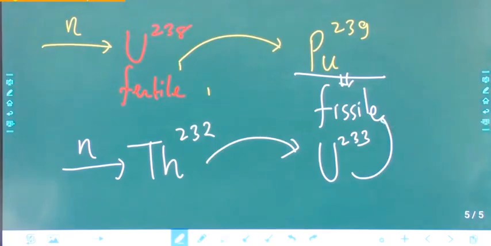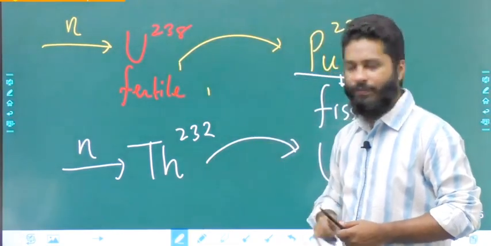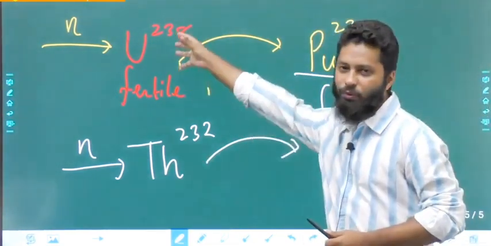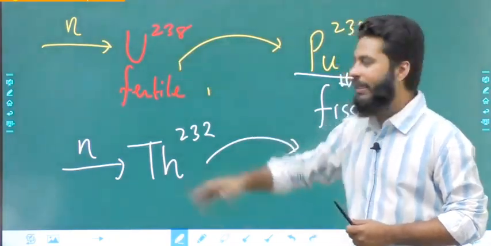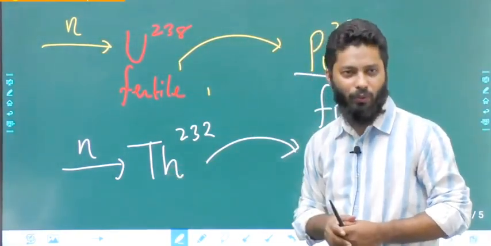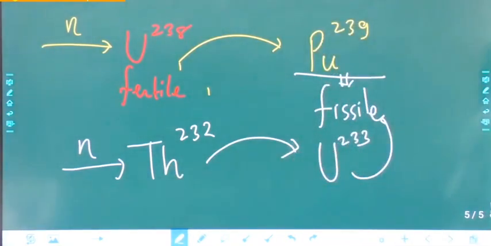It will undergo fission. So uranium 238 is fertile, thorium 232 is fertile. When uranium 238 is bombarded with neutron, it gets converted into plutonium. When thorium 232 is bombarded with neutron, it gets converted into uranium 233. Fine. So I hope we are clear on this.